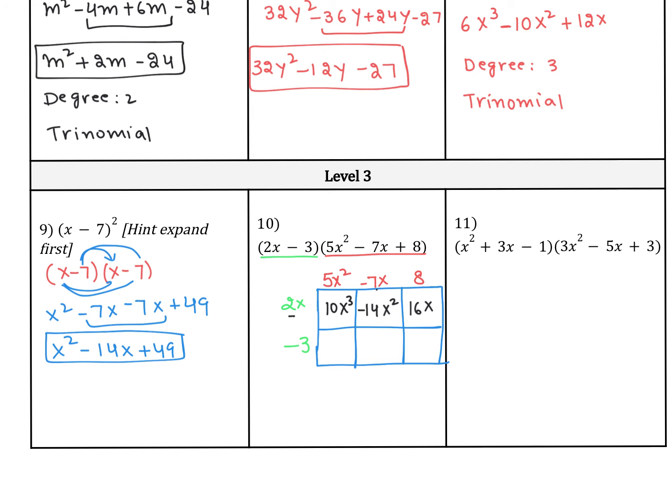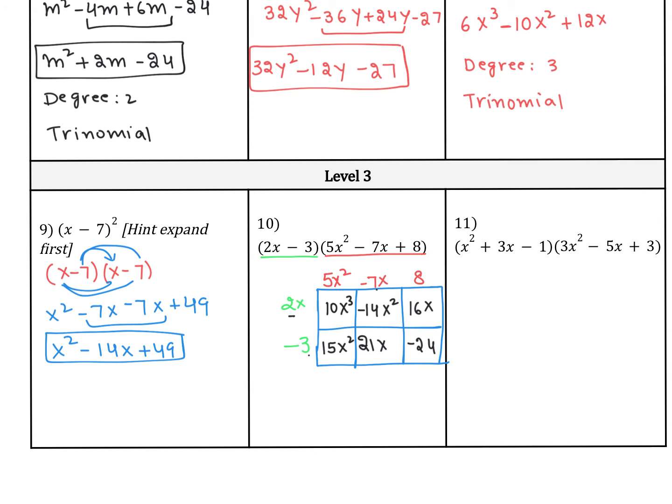Now you multiply this number to the polynomial on the top and write the answers here. Negative 3 times 5x squared is negative 15x squared, negative 3 times negative 7 is 21x. Negative 3 times 8 would be negative 24.